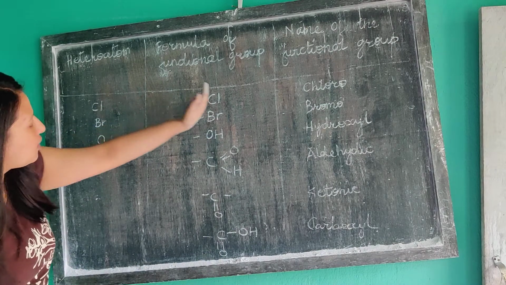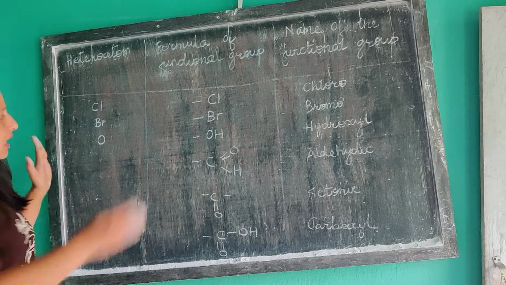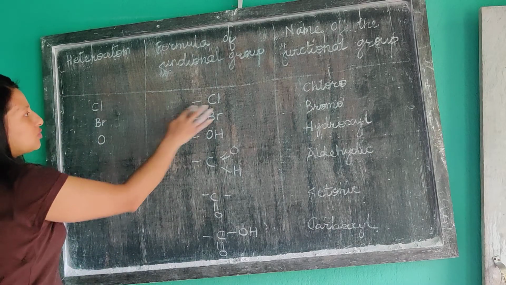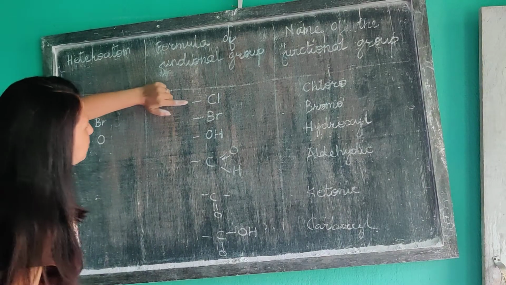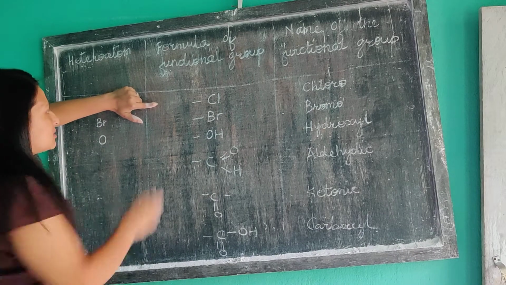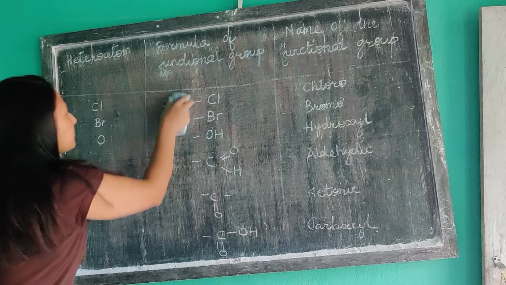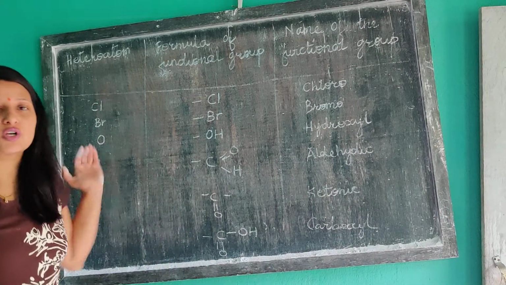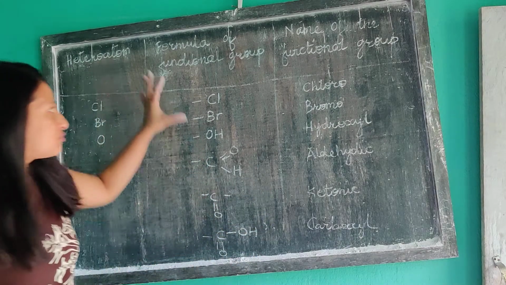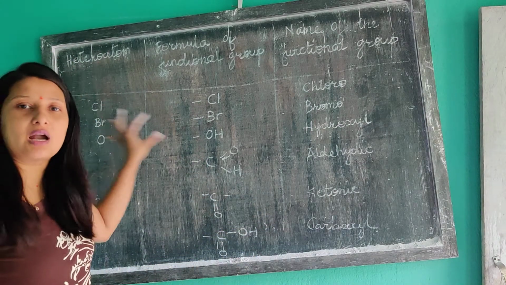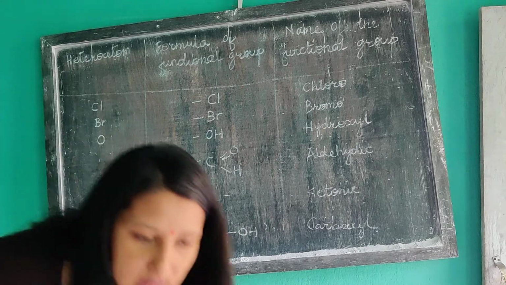Free valency means that when the functional group attaches to the carbon chain, it attaches from here. So this dash is where it gets attached to the carbon chain. The free valencies in a functional group are represented by a single line, and when these functional groups are attached to the carbon chain, they are attached through these free valencies.